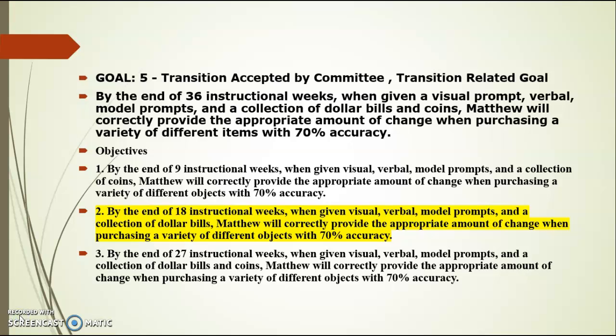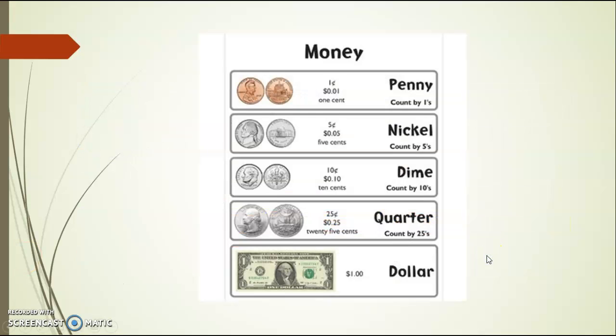So in goal number 5, Matthew, we're going to continue to go over providing the appropriate amount of change when purchasing different items. So here we have a money chart, and what they're telling us in this chart is they're giving us visuals of how our money looks.